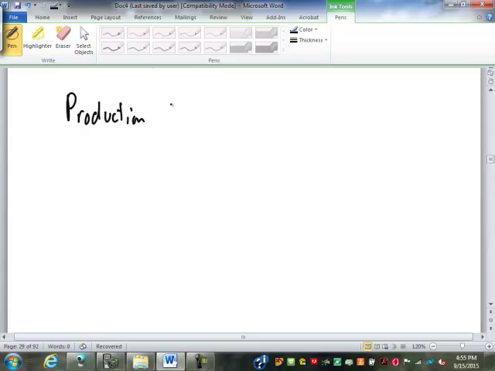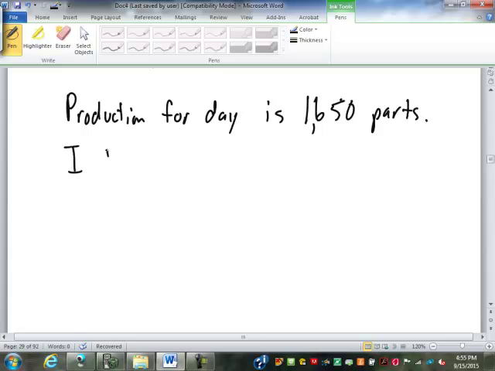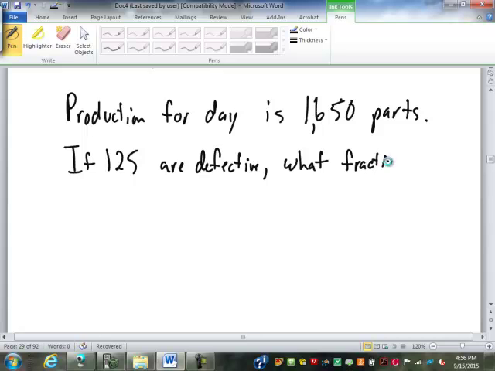Anyway, let's say that we're looking at a production run in a factory. Production for the day is 1,650 parts. If 125 are found to be defective, what fraction are defective?